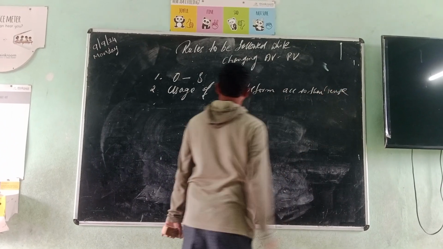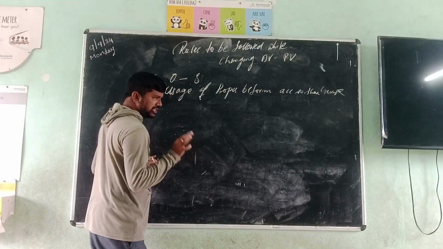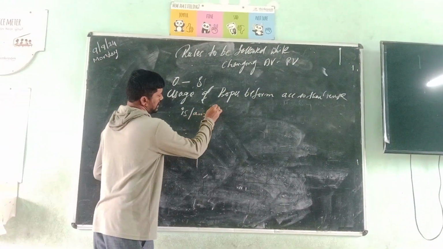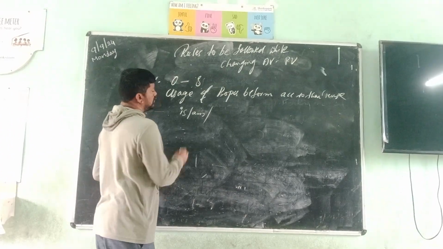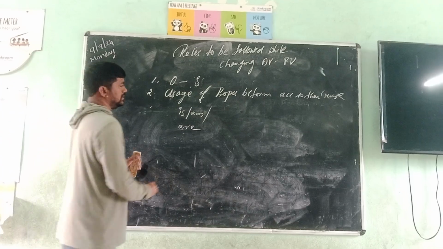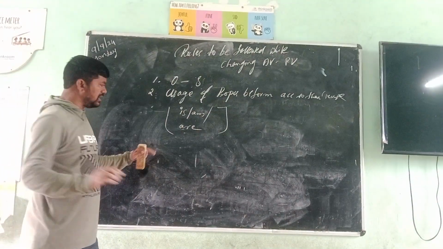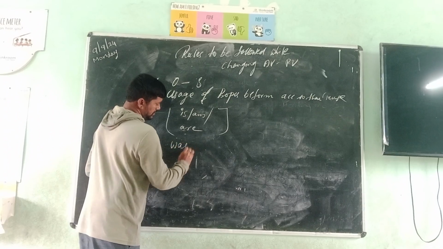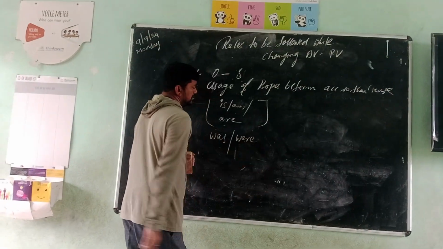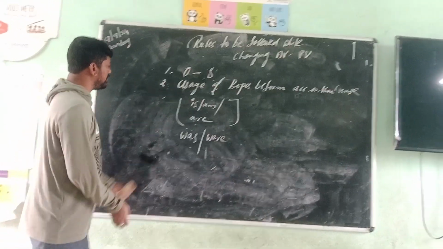Which means if the tense is singular and present tense, we have to use is, am. If the tense is plural, we have to use are in present tense. This is one set. And if the tense is past singular, we have to use was. If the tense is plural, we have to use were in past tense. Like that, we have to use proper V forms.